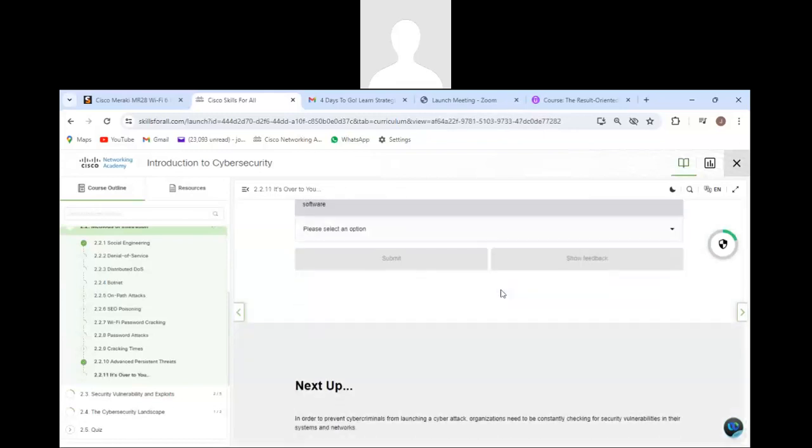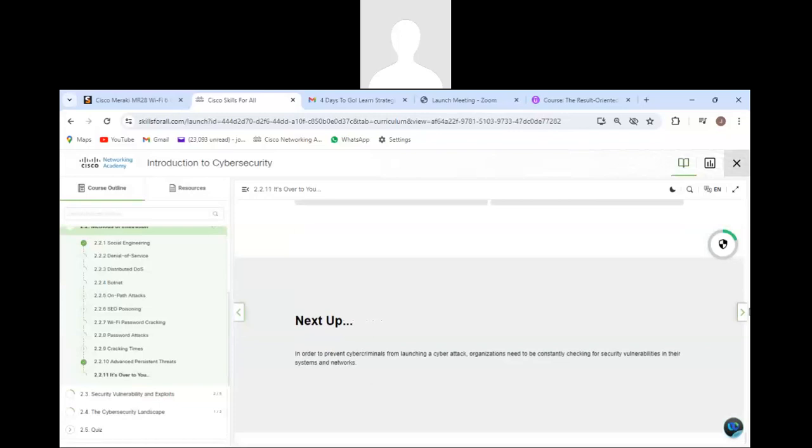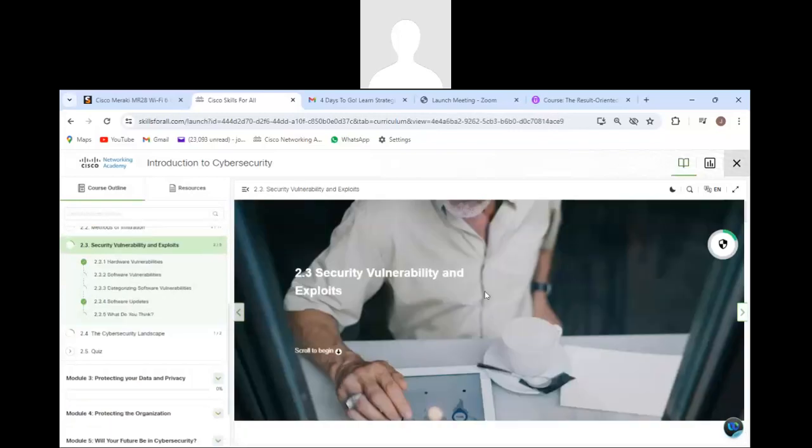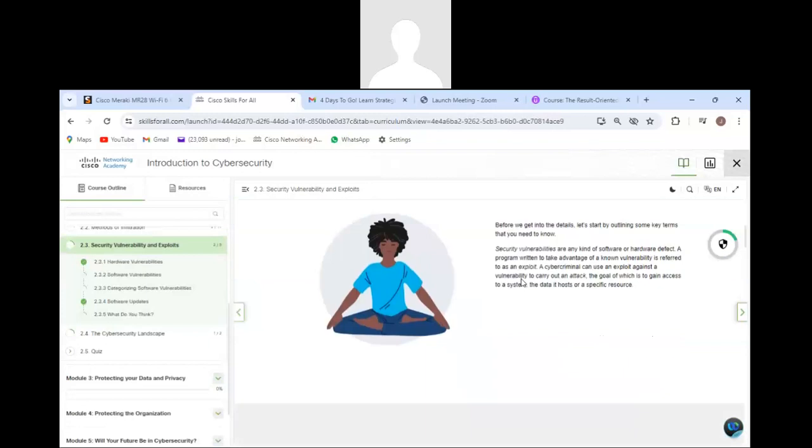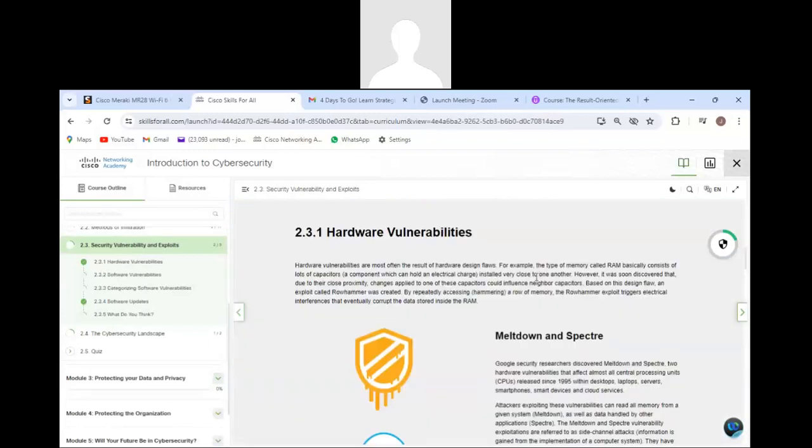So where are we now? Security vulnerability and exploits. We have hardware vulnerability, in a case where some hardware has been compromised or has not been configured rightly, or priority has not been put in order.